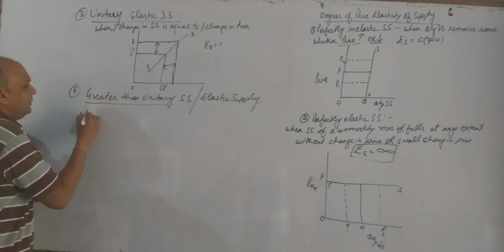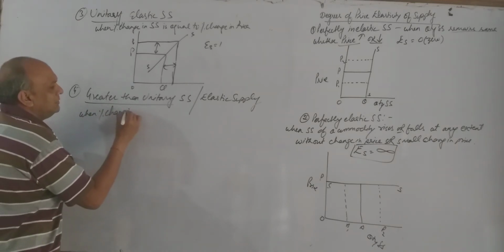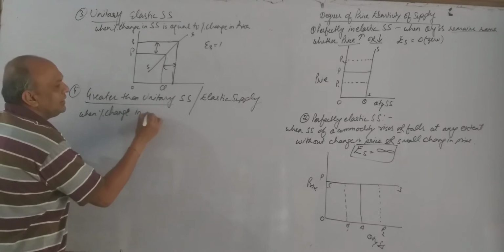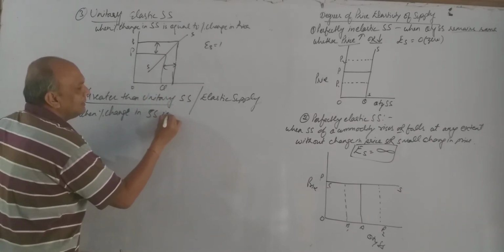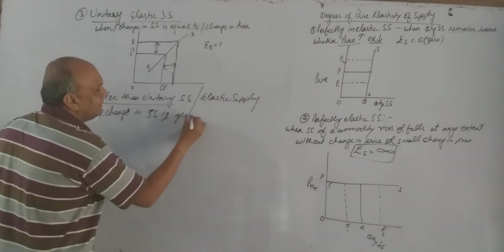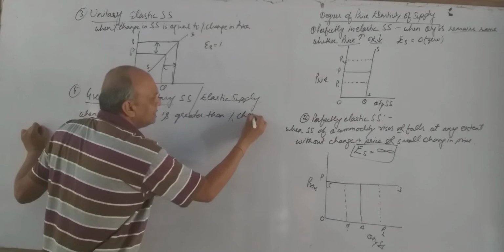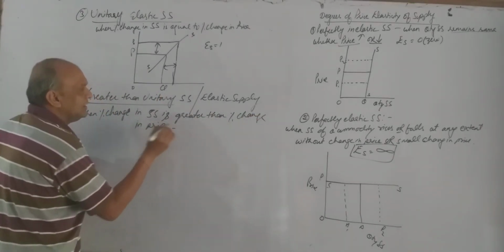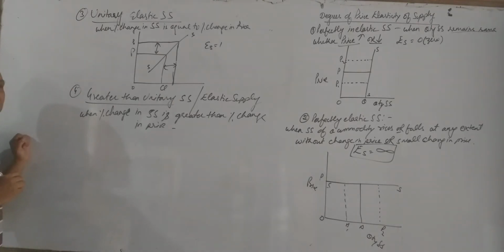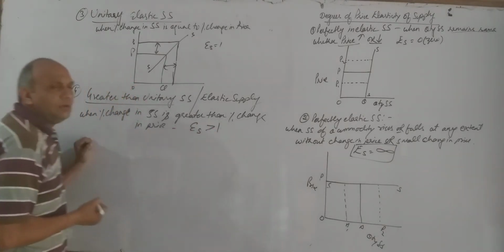It means when percentage change in supply is greater than percentage change in price, then it is known as greater than unitary. ES is greater than 1.